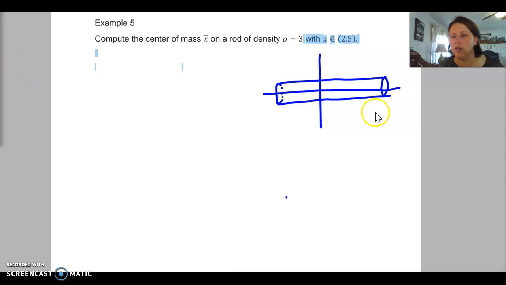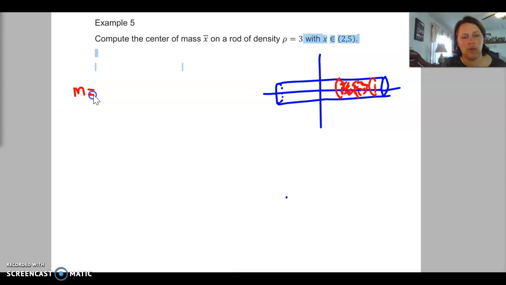So we are just looking at this section, we'll just estimate it to be about that far. Okay, so that is all of the section of the rod that we are looking at. We want to know where the center of mass is. Again, we do not need calculus, but we are using simple problems to start off with our calculus.